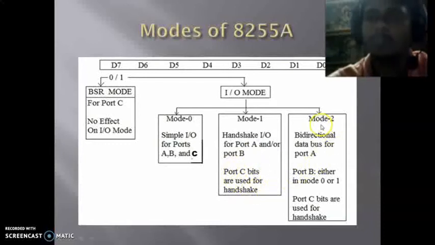And mode 2 can be used as a bidirectional data bus, means here port A can be used in a bidirectional way, and port B can be used as either mode 0 or mode 1. And here port C is used for the handshaking purpose. So these are the 3 input output modes and the BSR mode.